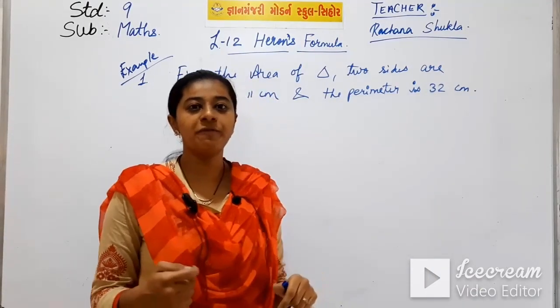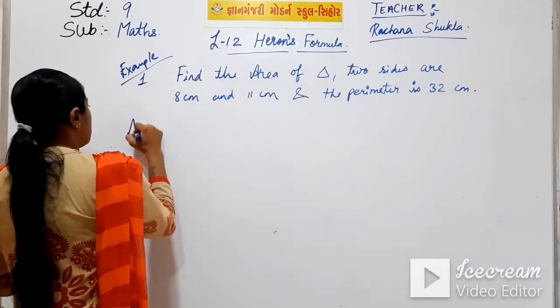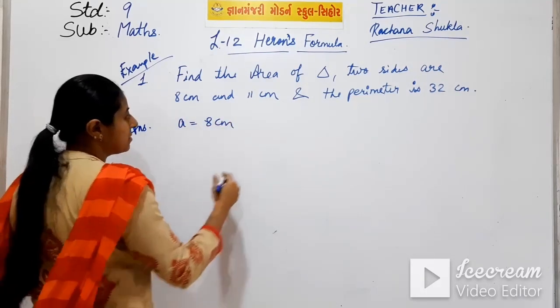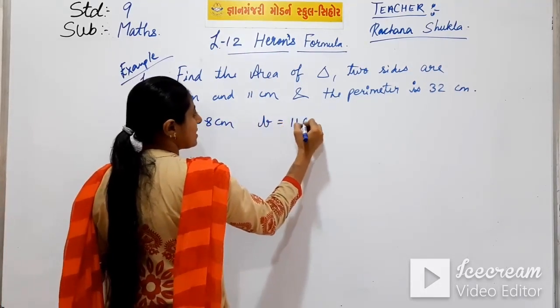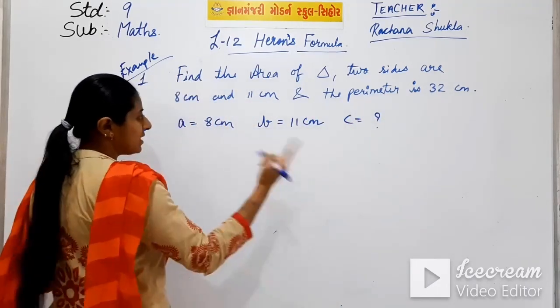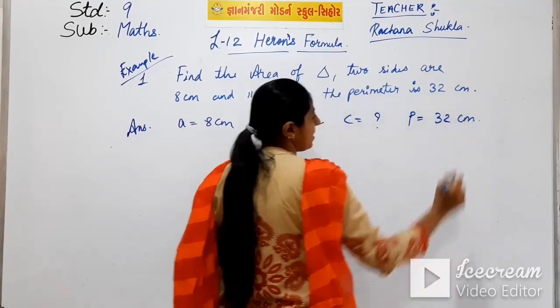So first we will find out the third side. A we got as 8 centimeter, B we got as 11 centimeter. We did not get C. Instead we got perimeter. Perimeter equal to 32 centimeter.